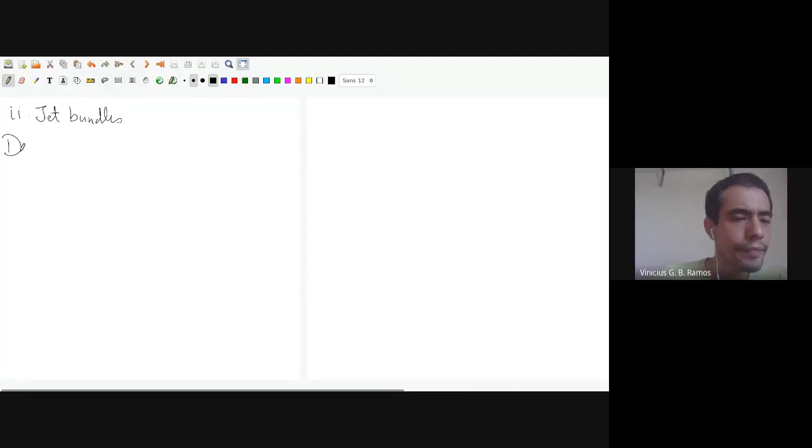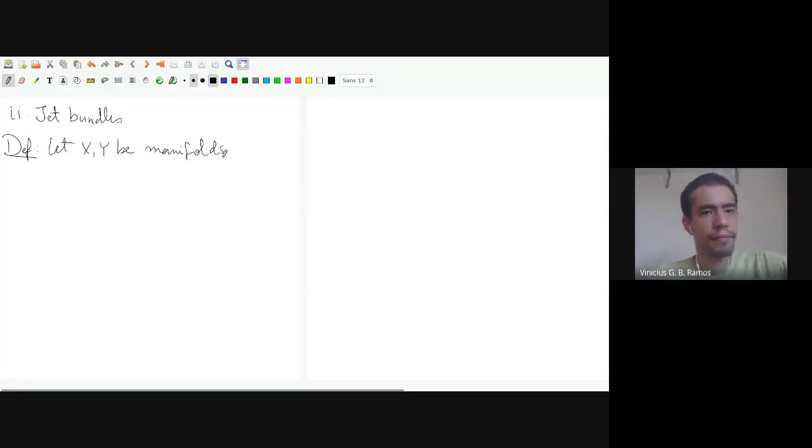So we can make the first definition. Let X and Y be manifolds, and F and G be smooth functions.